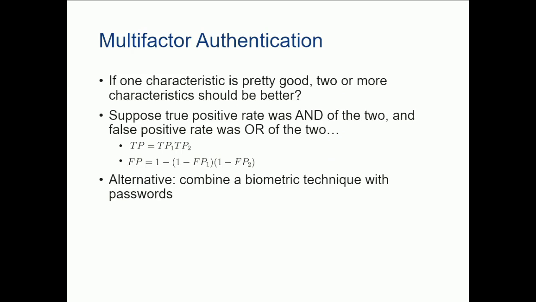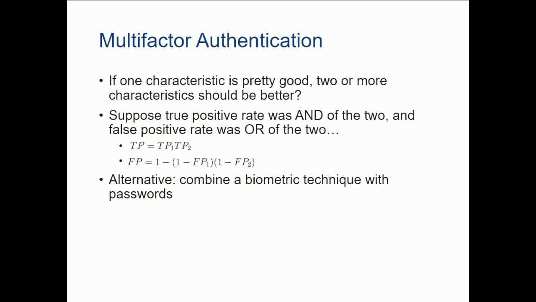So when we combine the systems, we need to decide the rule, whether it's an AND rule or an OR rule. I think I should make it more clear here, so I will update these slides later today. If we design a system with an AND rule, that means a user can gain access to the system if he passes both authentications.